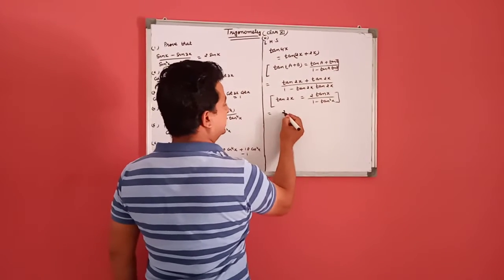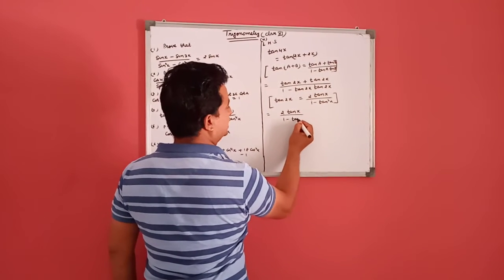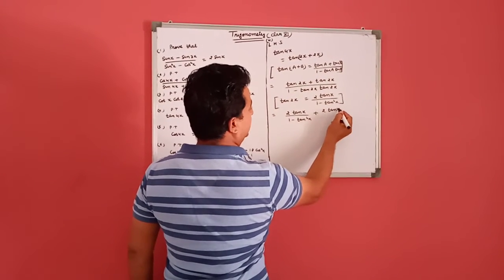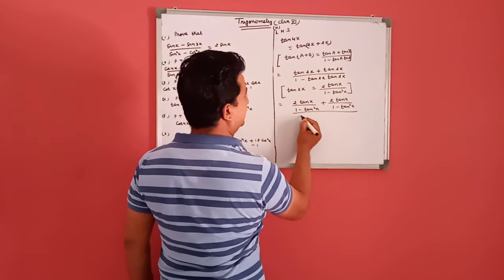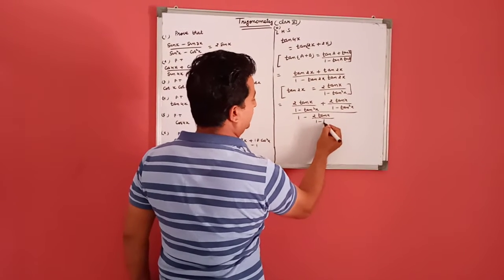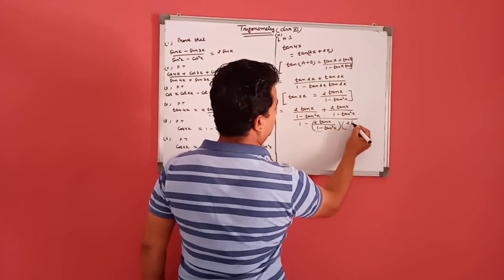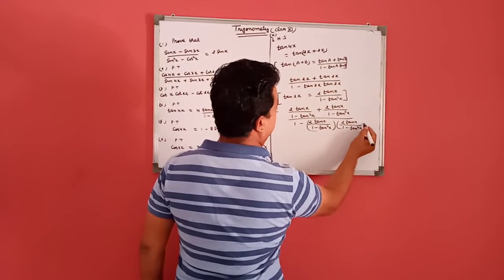When we apply this formula, we get 2 tan x over (1 minus tan square x) plus 2 tan x over (1 minus tan square x), divided by 1 minus 2 tan x over (1 minus tan square x) into 2 tan x over (1 minus tan square x).